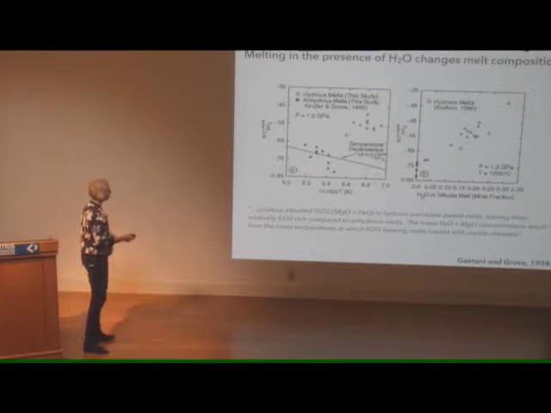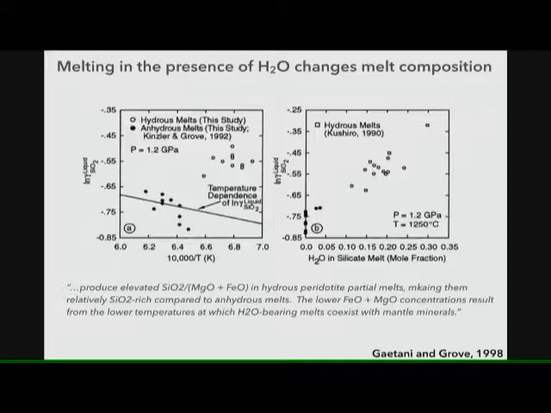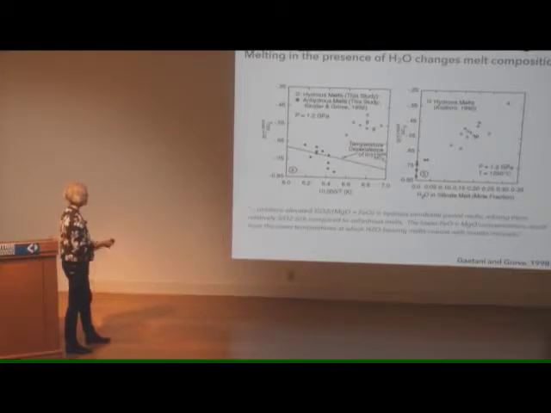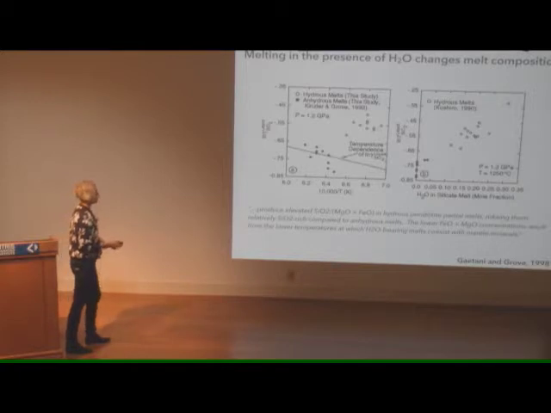The samples that had been measured in dry melting are here, and the wet melting ones are here. So you can see there's a different relationship between silica content and temperature for the dry ones versus the wet ones.